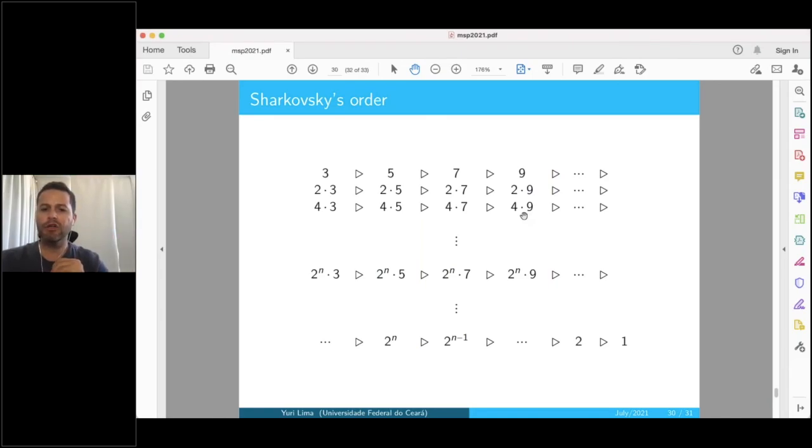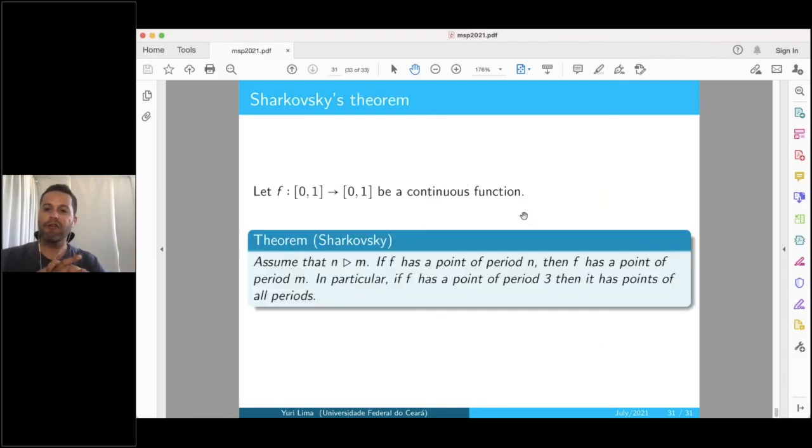And why did Sharkovsky put the natural numbers in this so complicated way? Well, because it was based on this order that he proved this beautiful theorem, which is nowadays known as Sharkovsky theorem. What is Sharkovsky theorem? It says the following.